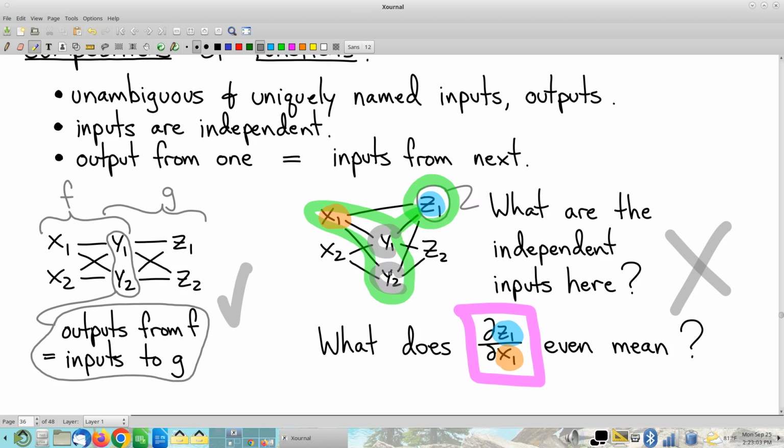If x1's changing, y1 would be expected to be changing too. So this doesn't even make sense. Does everybody see what's gone terribly, terribly wrong here? Right? So again, the problem, as I see it anyway, is that we have a chain rule for composing multivariable functions. This is not a composition of multivariable functions. We do not have a chain rule to address this situation.